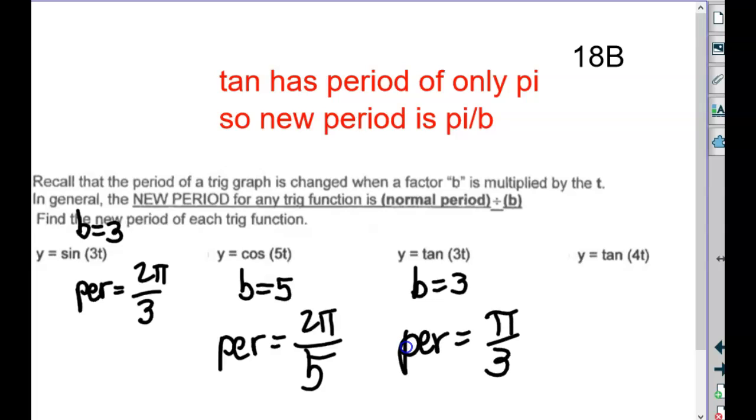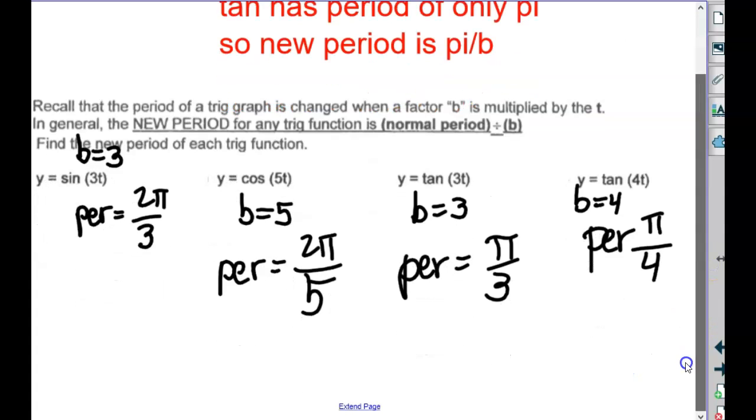It's just pi over 3, okay? Tangent is an odd function. So here, tangent with a period of pi, but when b is 4, the new period would be pi over 4, okay?